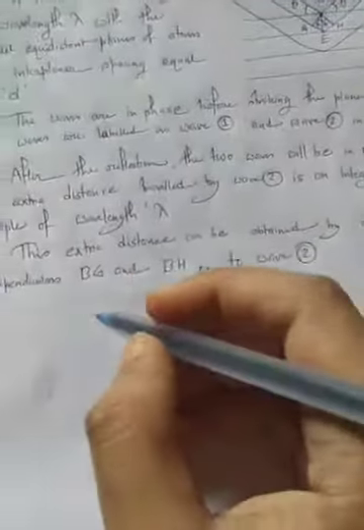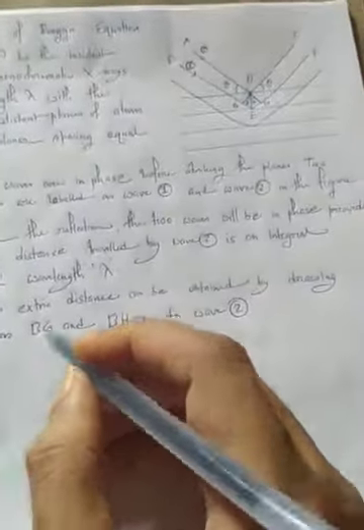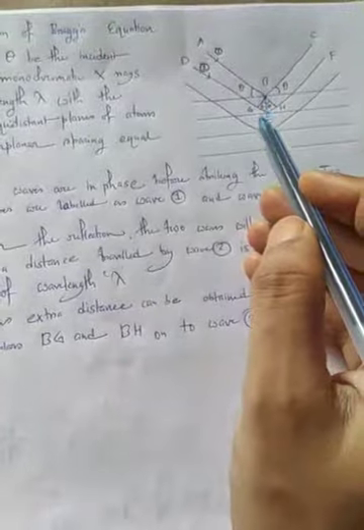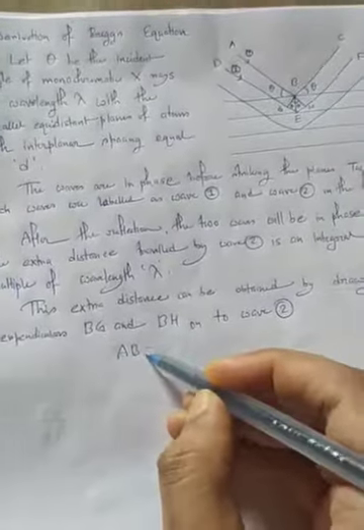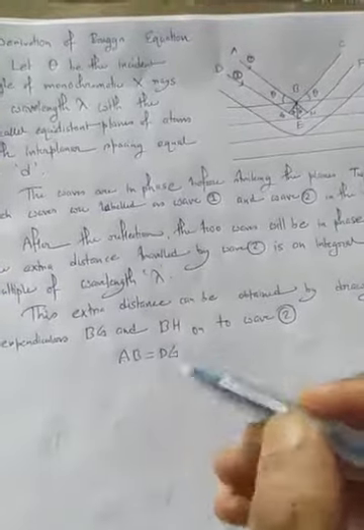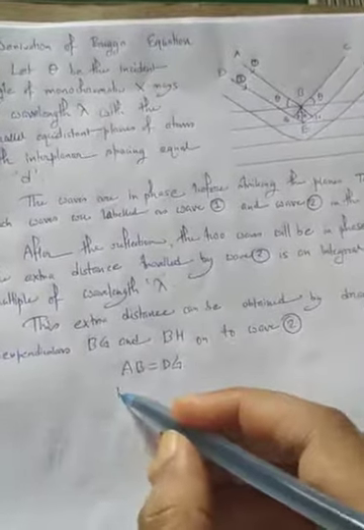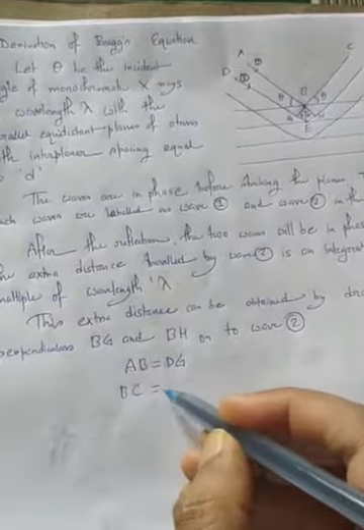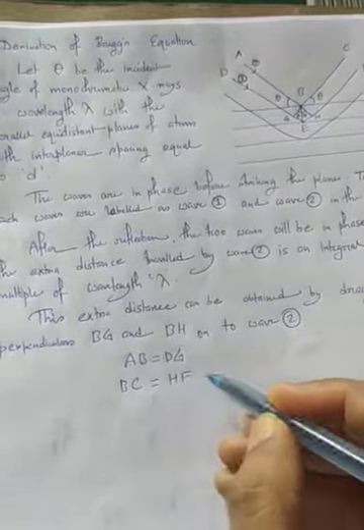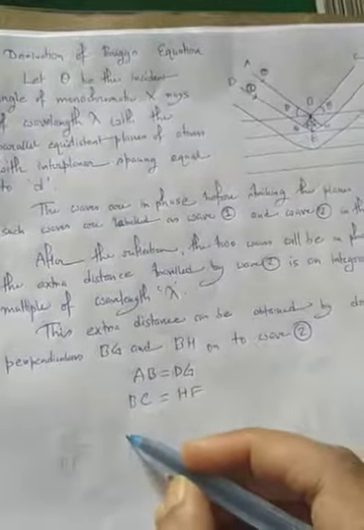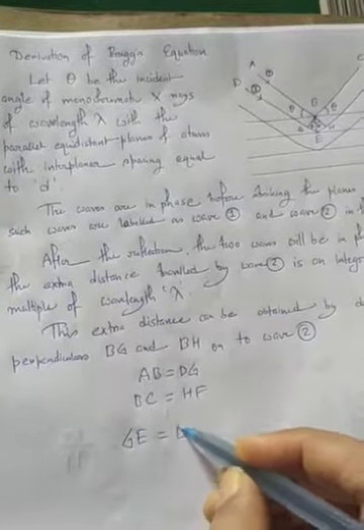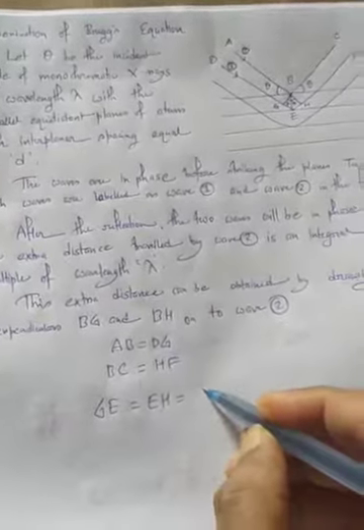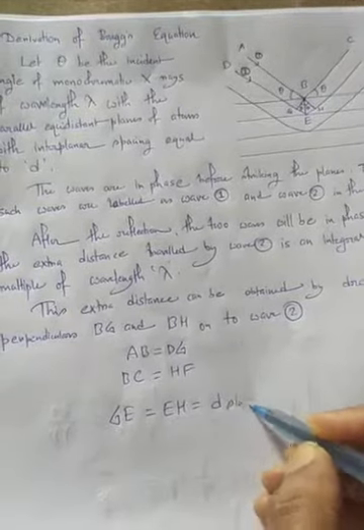So from this figure it is very much clear that AB is equal to DG and BC is equal to HF and GE is equal to EH is equal to d sin theta.